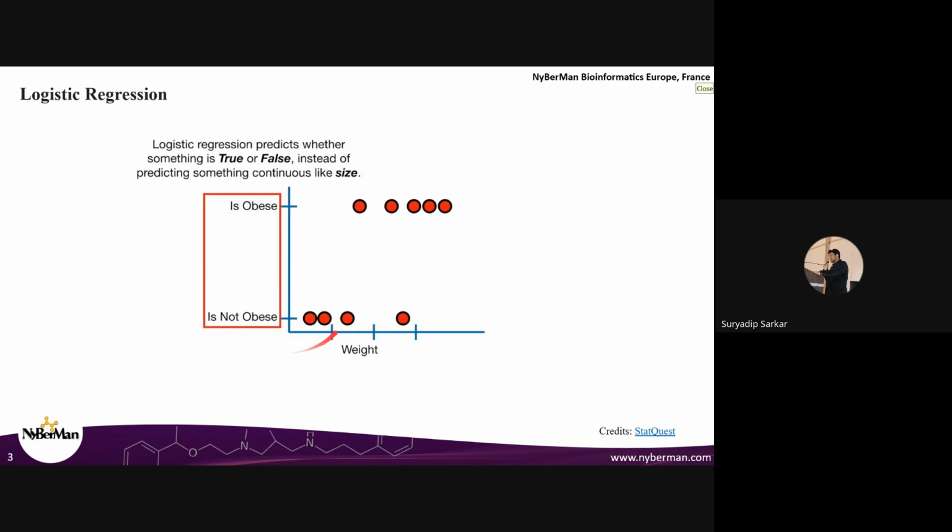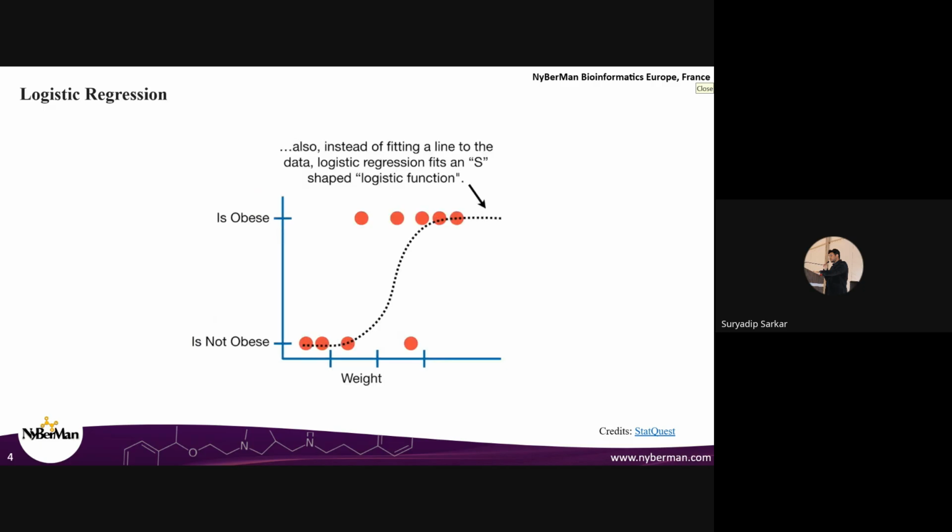This looks like the job for a classification algorithm like logistic regression, where we use weight as a feature to classify the samples into two classes: obese and not obese.